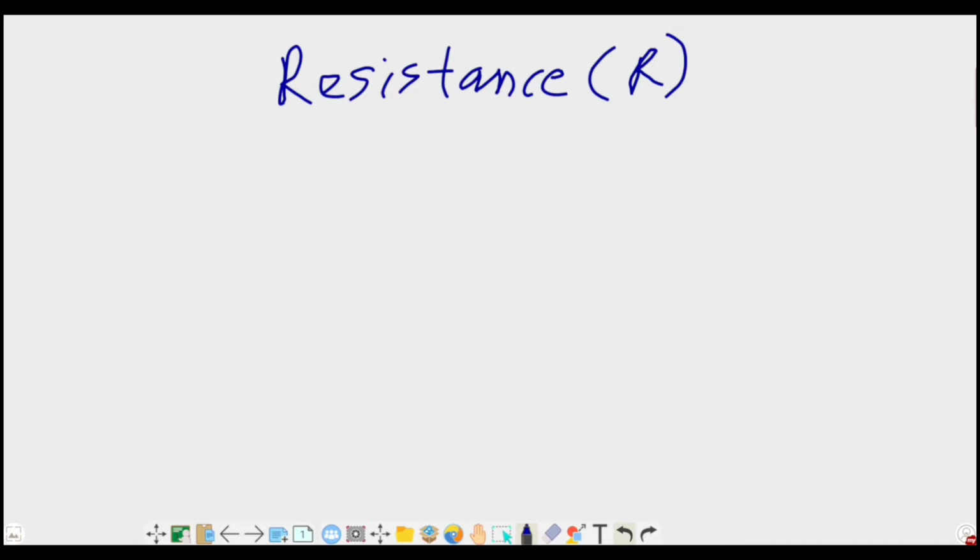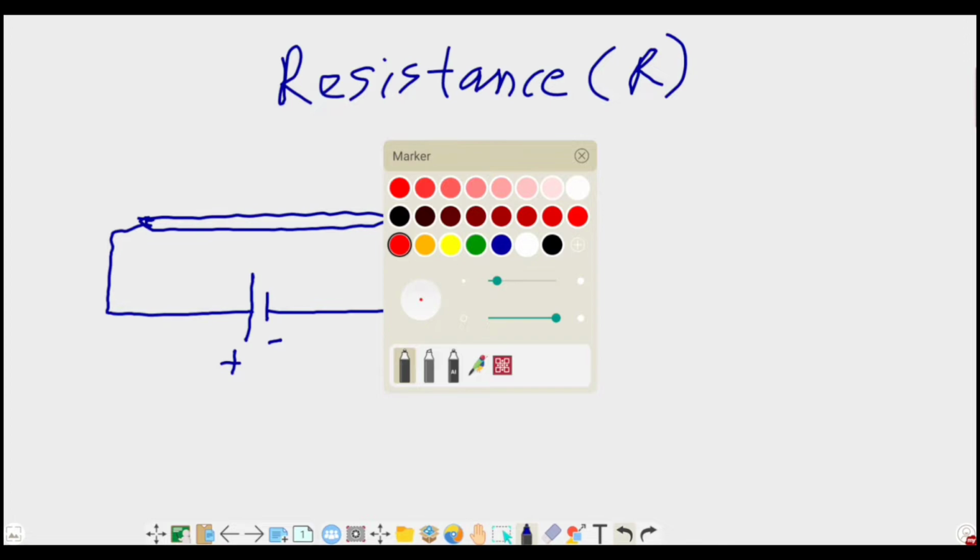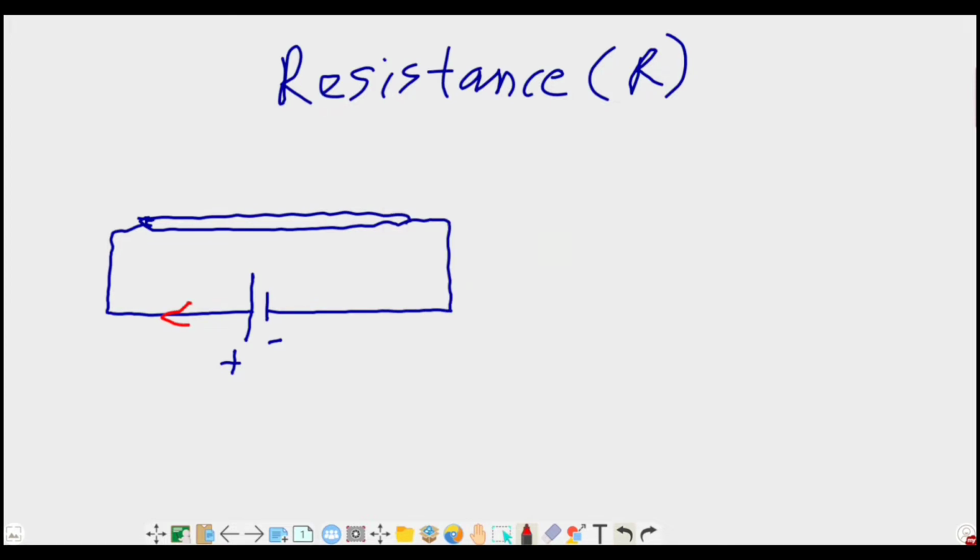Now let's discuss the concept of resistance. Resistance is indicated by capital R. Suppose this is my conductor in an electric circuit. This indicates the positive terminal, and this indicates the negative. Usually we indicate the flow of charge from positive to negative.